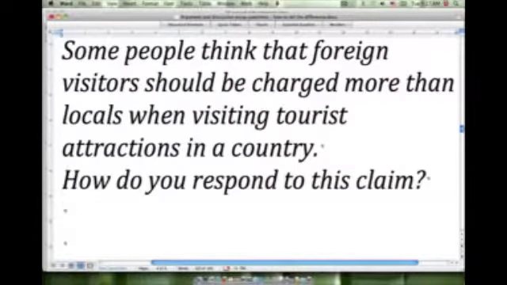How do you respond to this claim? Okay, again, I hope that's clear that you're just going to respond either by supporting it or you're going to respond by refuting it. This is not a discussion essay, this is still an argument essay.